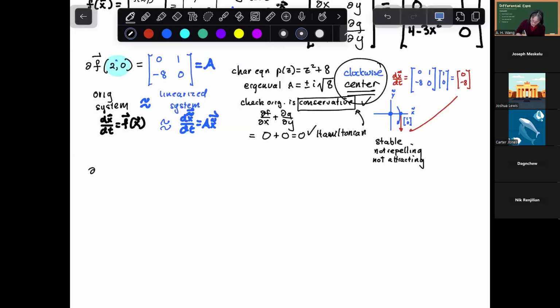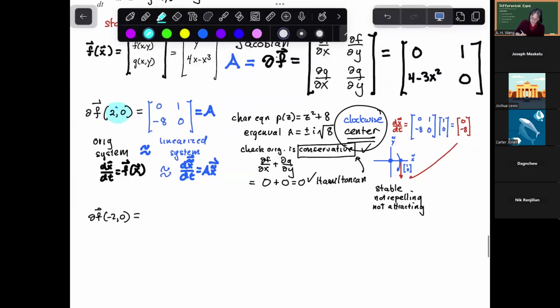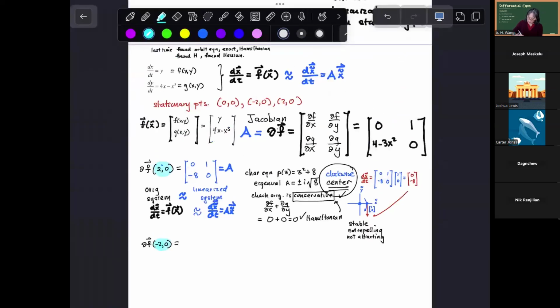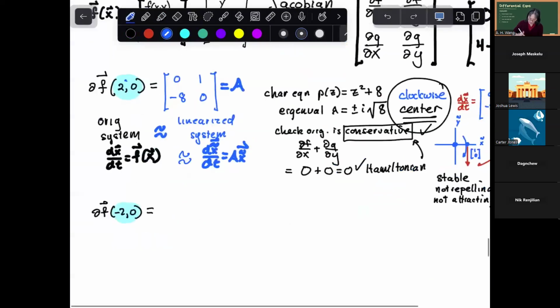Let's do (-2, 0). So we take this right here and plug it in to everybody here. And you can see that it turns out you're going to get the same thing, but you're going to have a new origin.